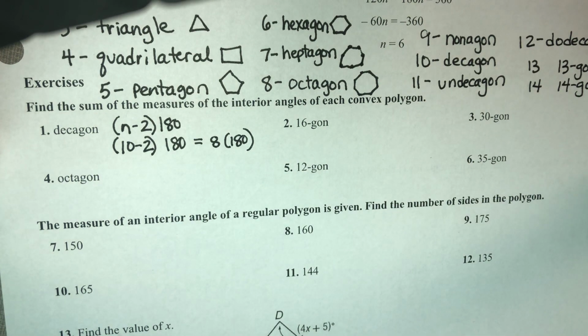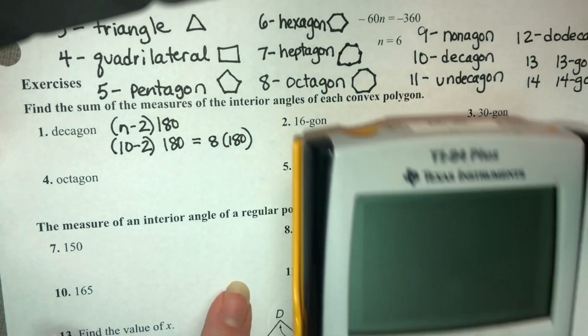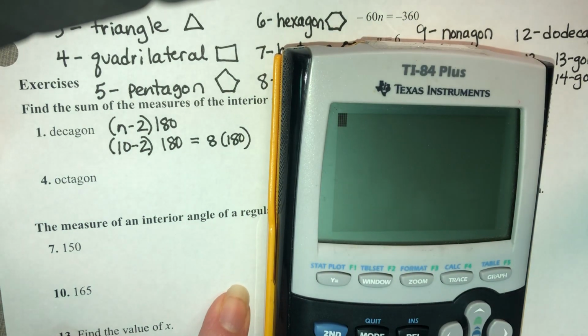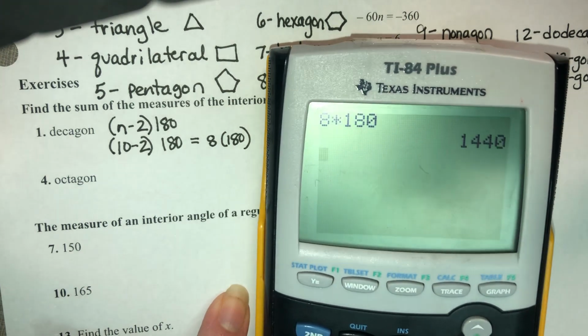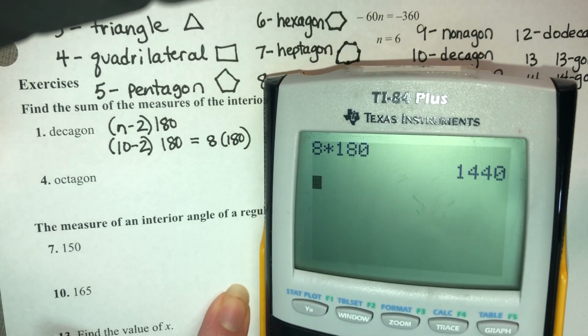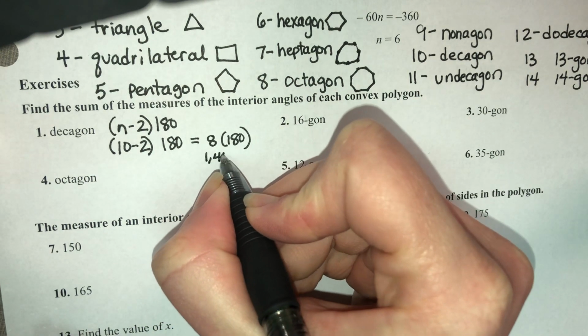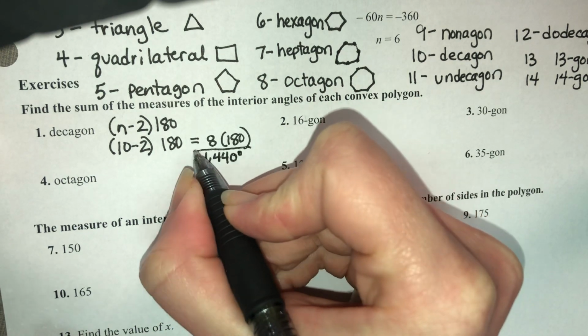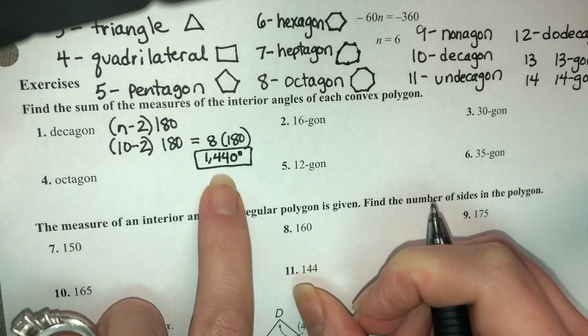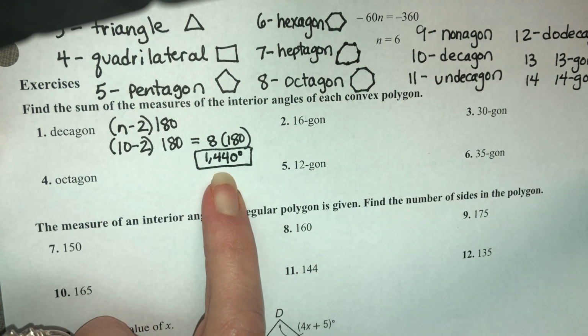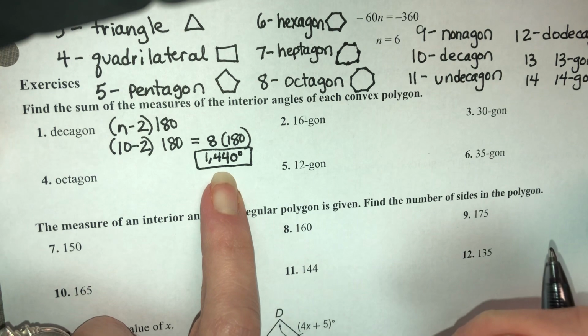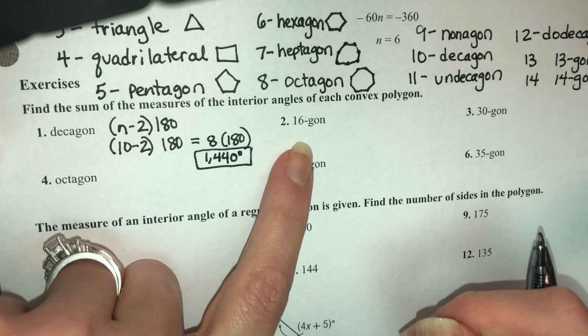And like I said, you might want to use a calculator because these numbers are going to get big today. So we'll go 8 times 180 and that gives us 1,440 degrees. So just like a triangle has 180 degrees, a decagon has 1,440 degrees. So that is quite a bit.